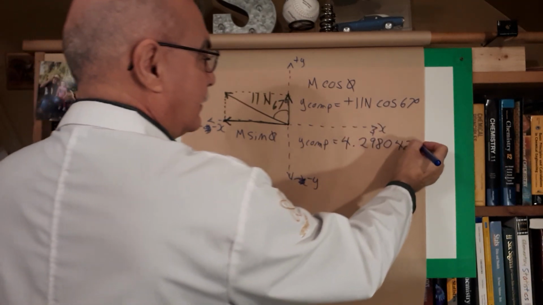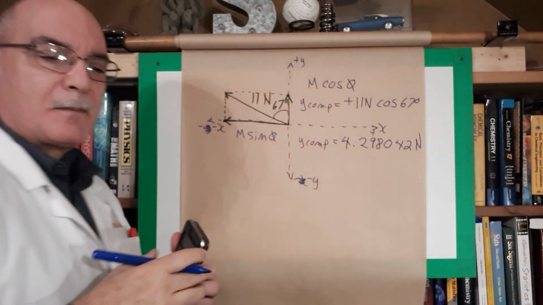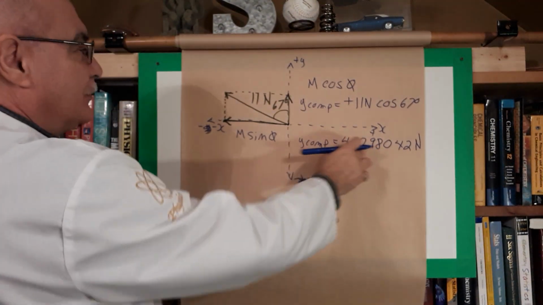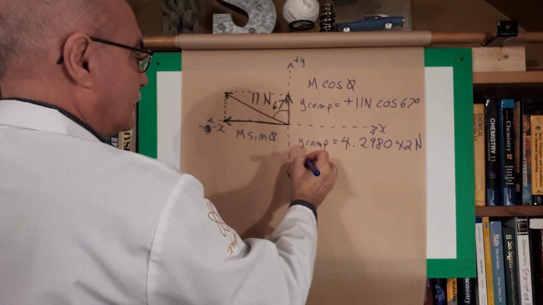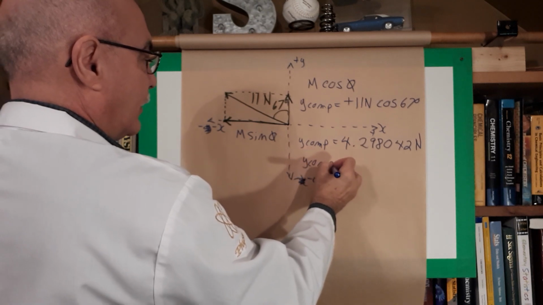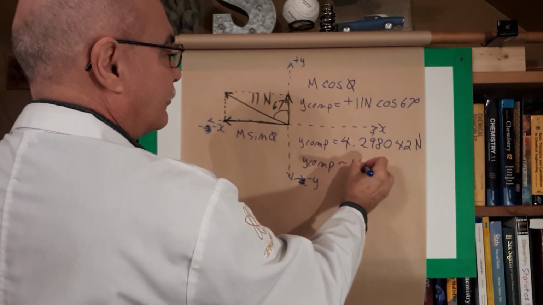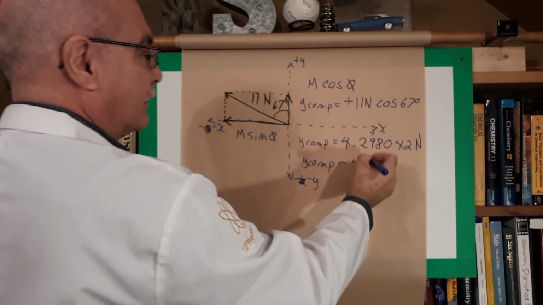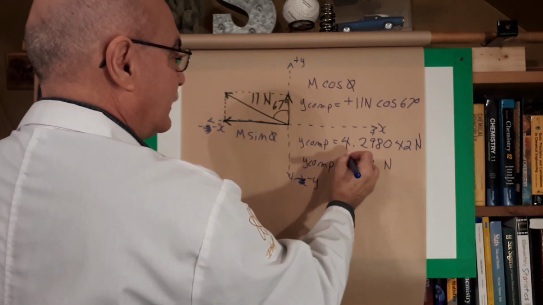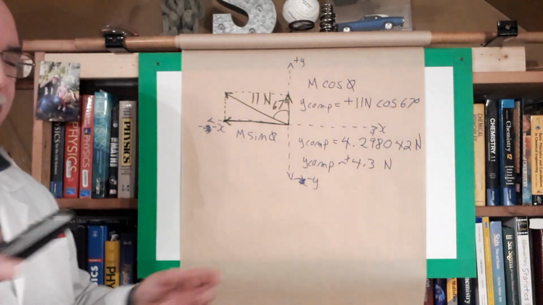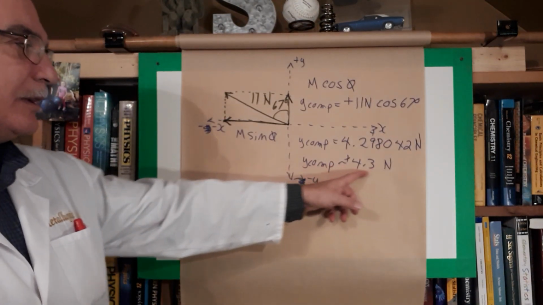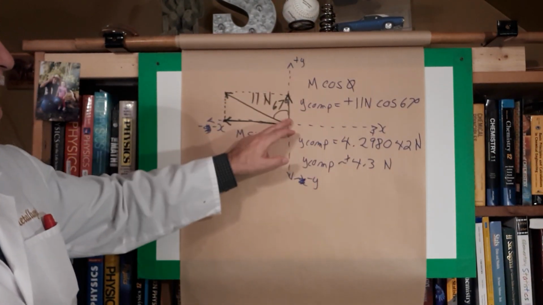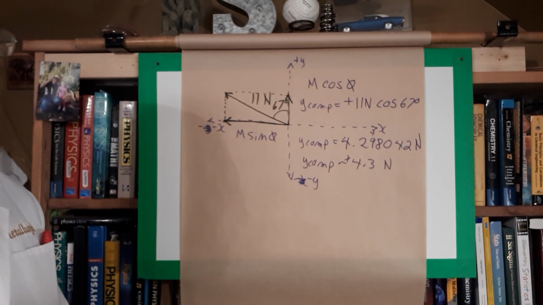And the unit, again, is the newton. And this gets reduced to 2 sig figs. The y component then is approximately 4.3 newtons in the positive y direction. So this will be plus 4.3 newtons, according to my coordinate system, going in the positive y direction.